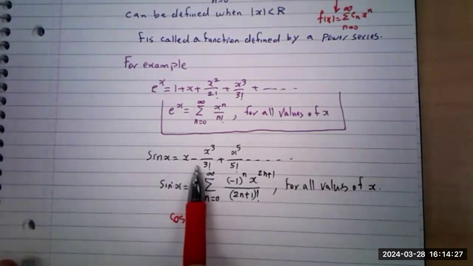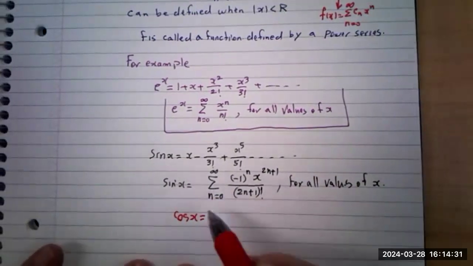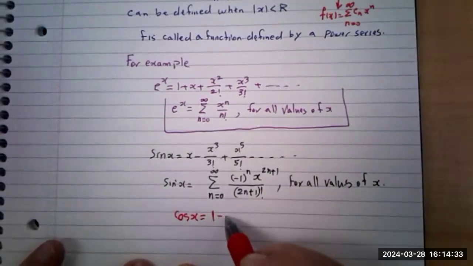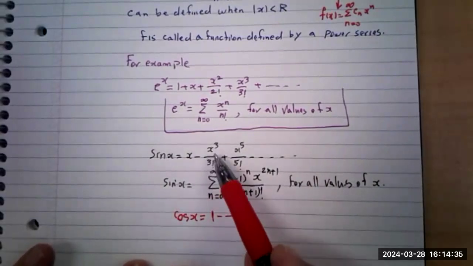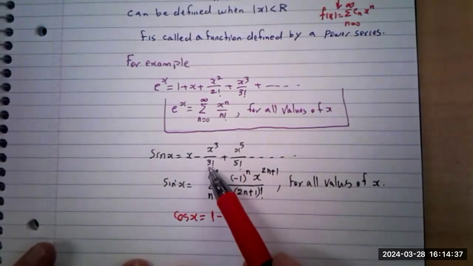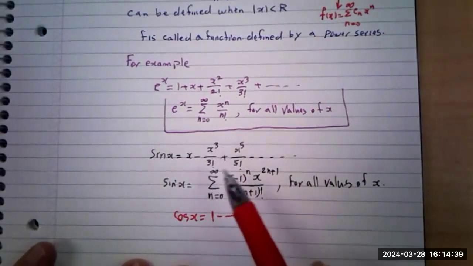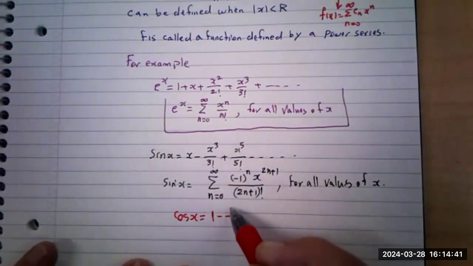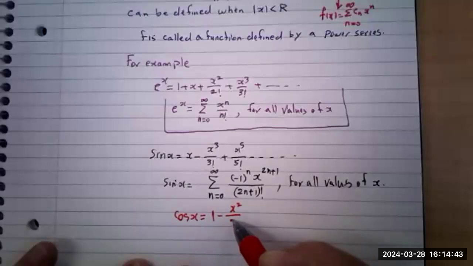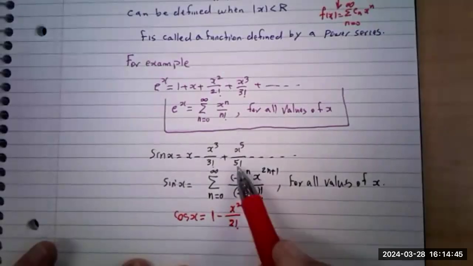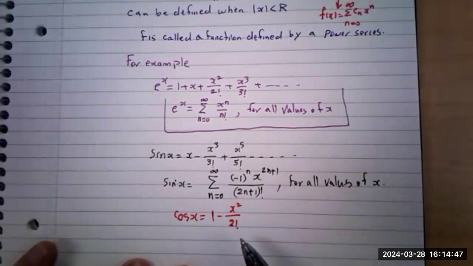If you differentiate this one term by term, the first gives you 1. On the next, you see that gives you 3x squared. You can simplify the 3 over here, so that makes it x squared over 2 factorial. You can do the same thing to the others.